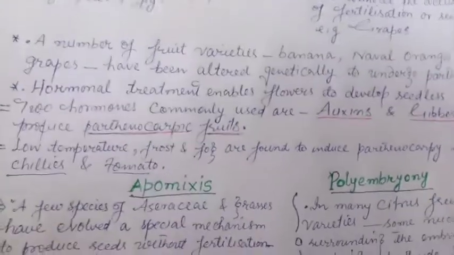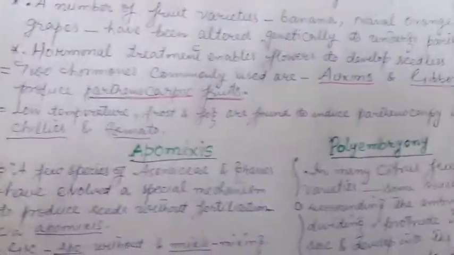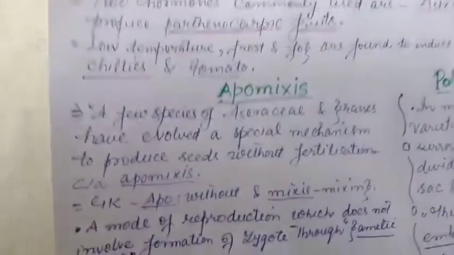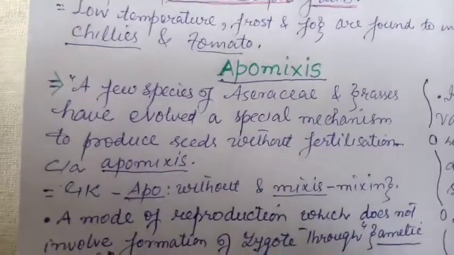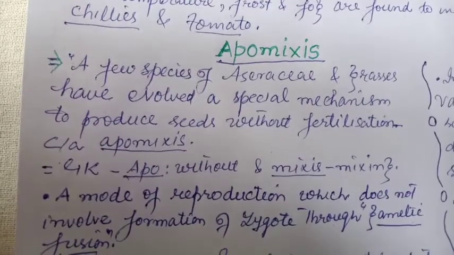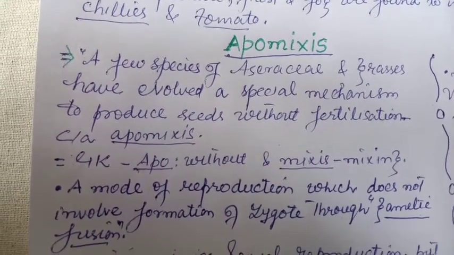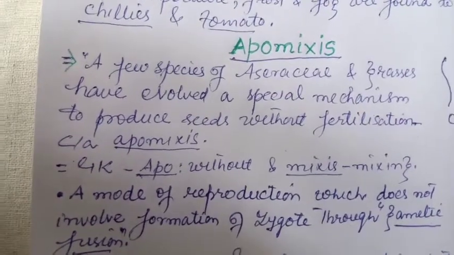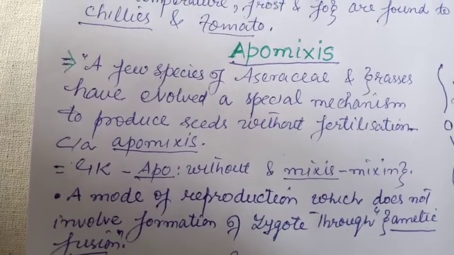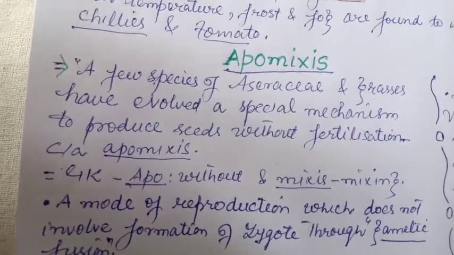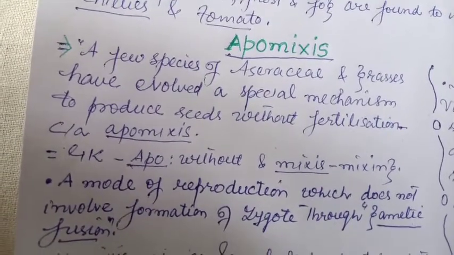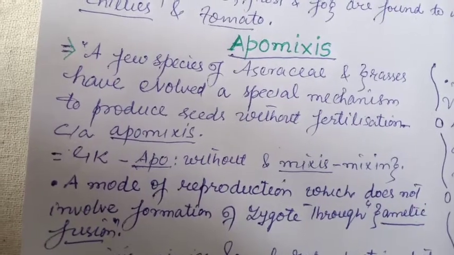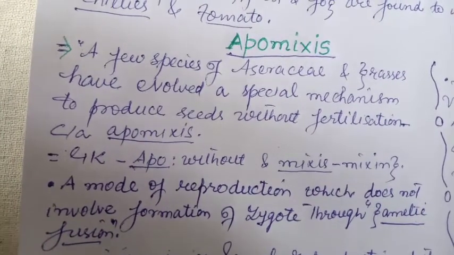And now two more events, apomixis and polyembryony. Firstly, apomixis. A few species of Asteraceae and grasses have evolved a special mechanism to produce seeds without fertilization, called apomixis. Here, Parthenocarpy is the production of fruits, whereas apomixis is the production of seeds directly without the event of fertilization.